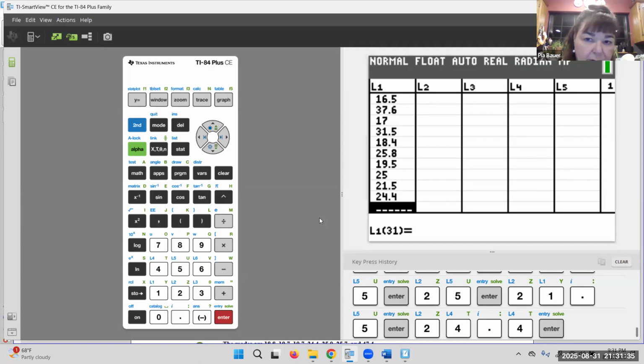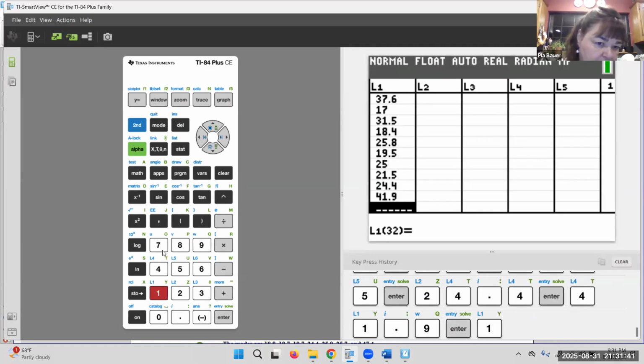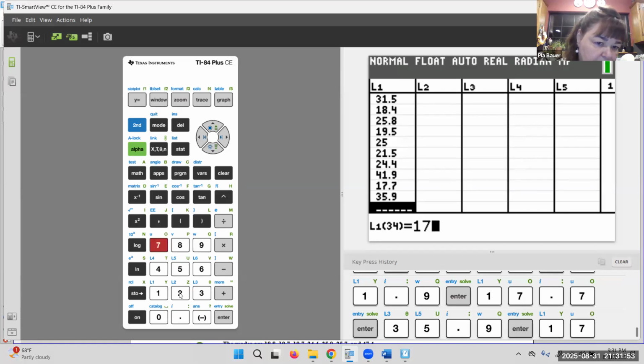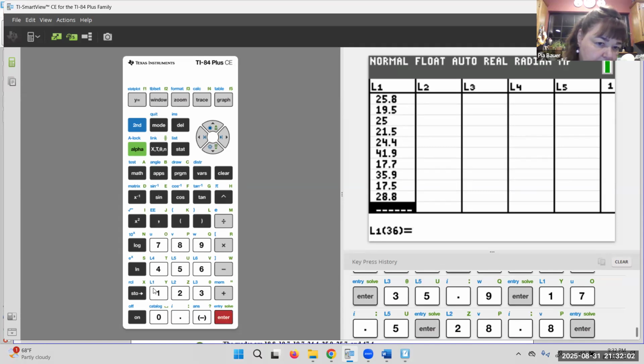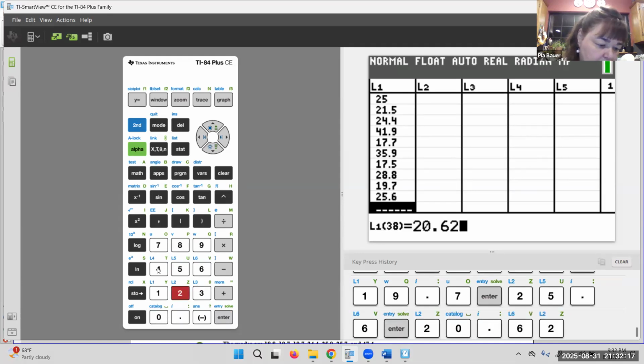Okay, so fourth column, 41.9, 17.7, 35.9, 17.5, 28.8, 19.7, 25.6, 20.6, 24.6.